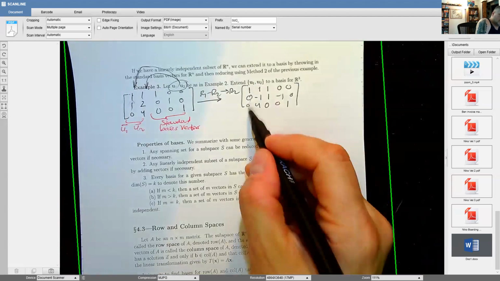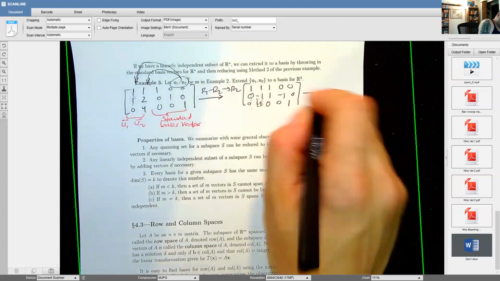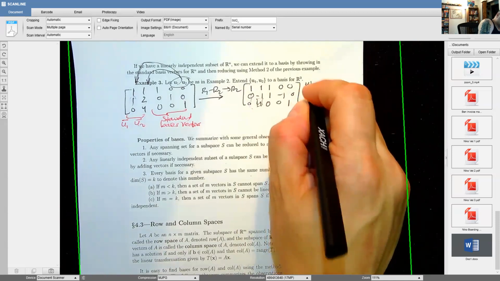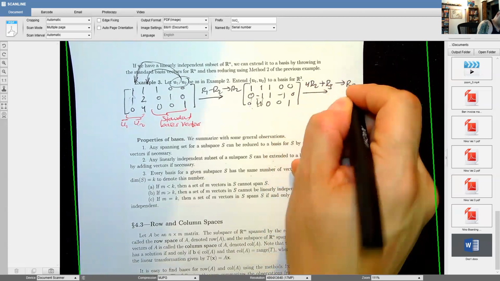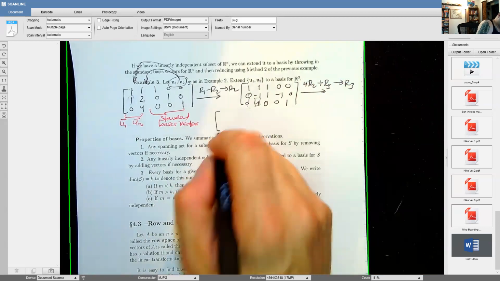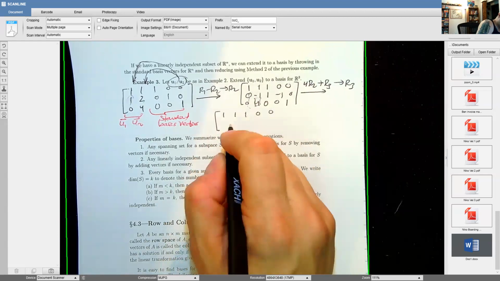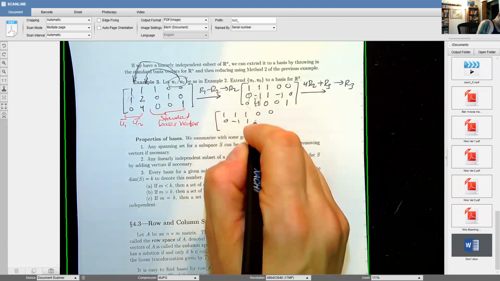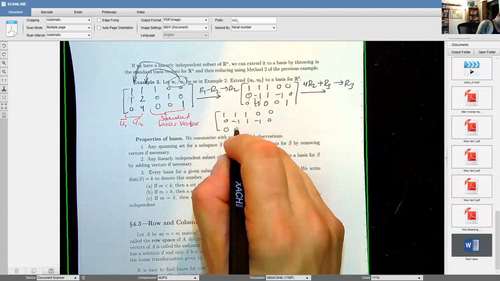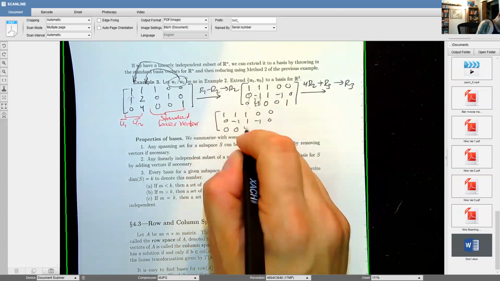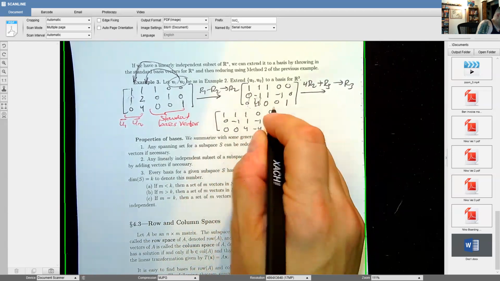Now I want a 0 there, so I multiply R2 by 4, add it to R3, and replace R3 by it. The first row and second row remain the same, and the third row becomes 0, 0, 4, negative 4, 1.